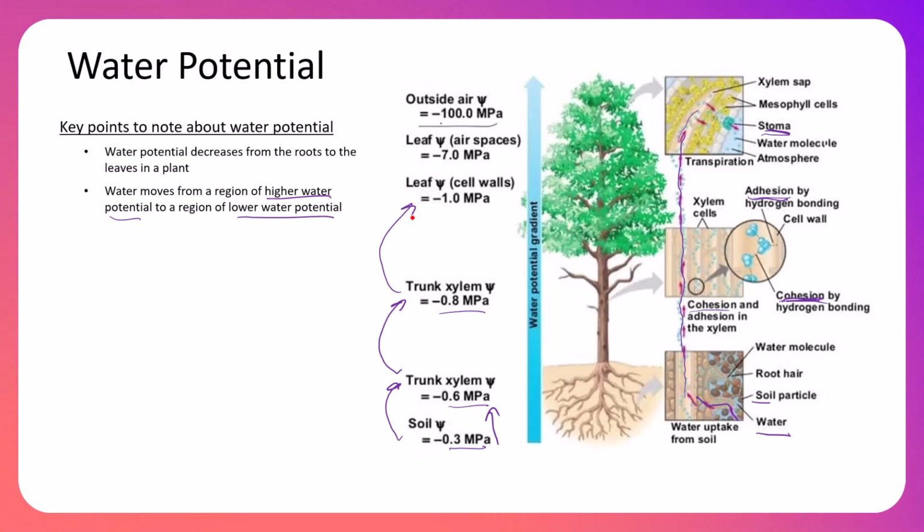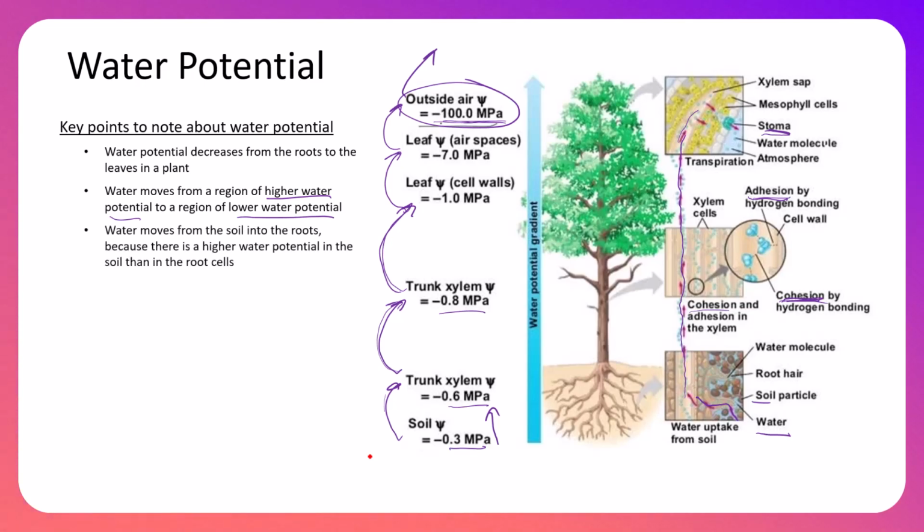And since water potential is decreasing as you increase up a plant or increase height, water will consistently move up to a region of lower and lower water potential before it evaporates out of the plant into the outside air. And again, because the air has a relatively low water concentration, it's going to have a very low, a very negative water potential.